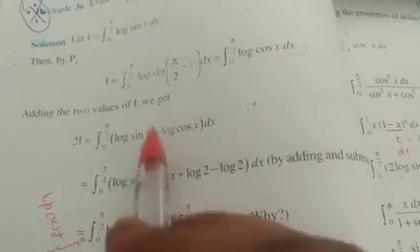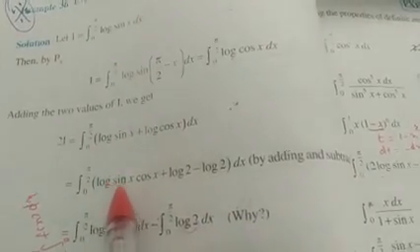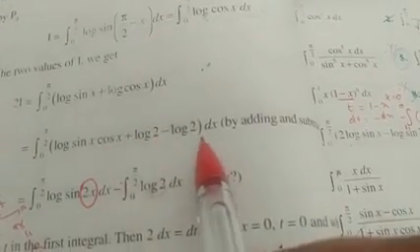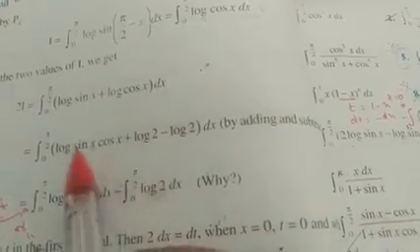Log of a by b can be written as log a minus log b. Both are correct. So here you can write log of sin x cos x, adding and subtracting log 2. When you combine these together, 2 into sin x cos x will become sin 2x, and this is log 2, keep it as it is.